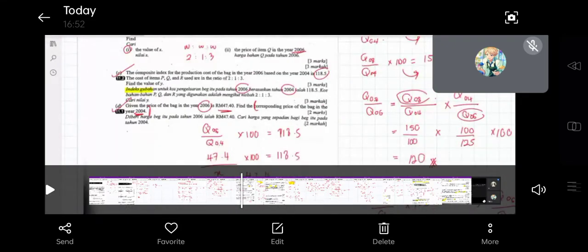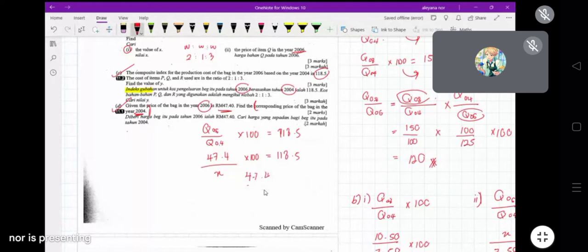Okay, D. Given the price of the bag in the year 2006 is 47 ringgit 40 cents, find the corresponding price of the bag. To find the corresponding price, we are still using the same formula as in question 2.